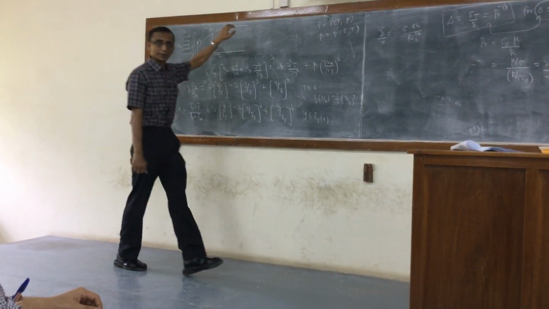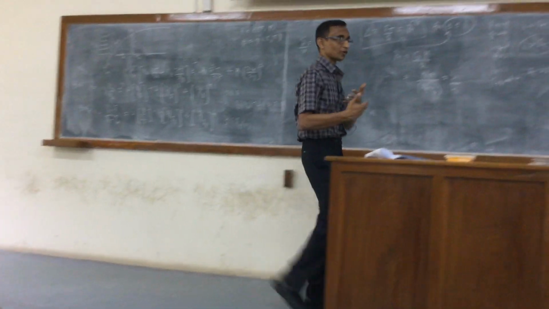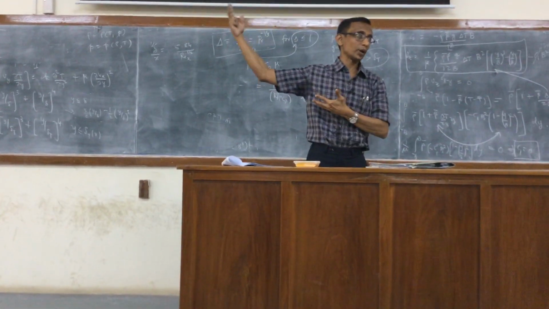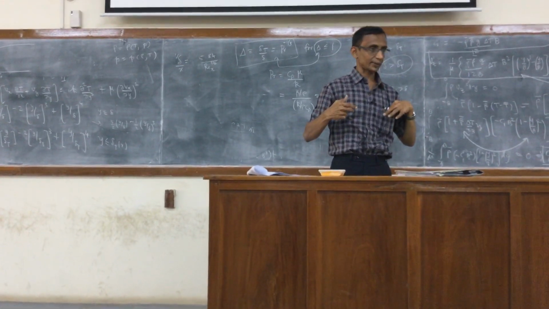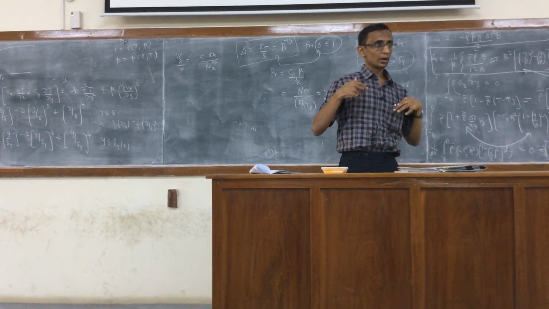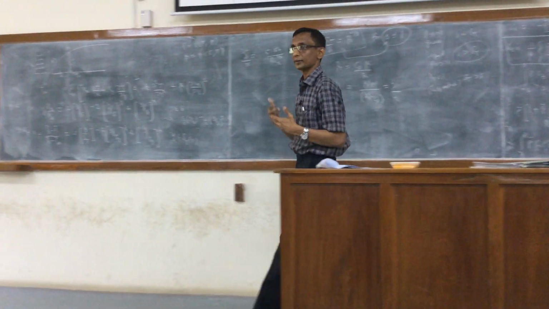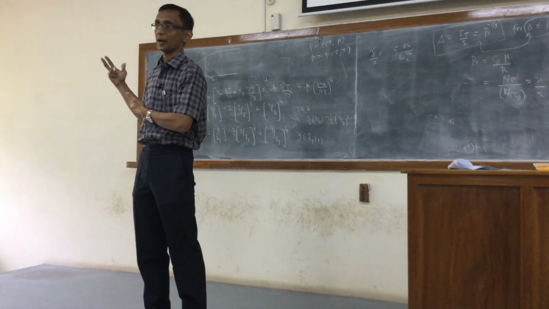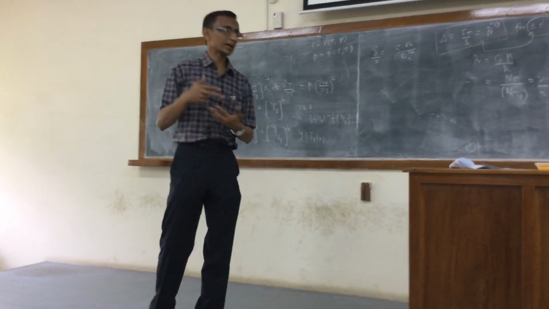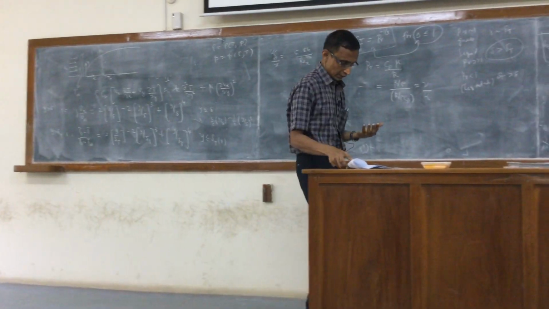That can be interpreted as saying that the effect of the wall persists over a larger distance. So that can be regarded as saying that the diffusion of the vorticity is being done very effectively, that the effect of the wall is felt for very large distances. That is a physical interpretation you can give.